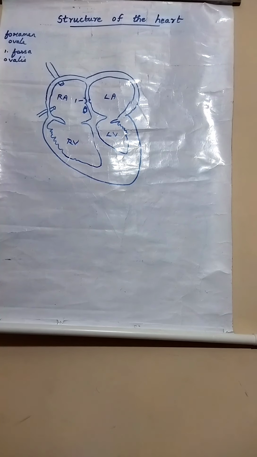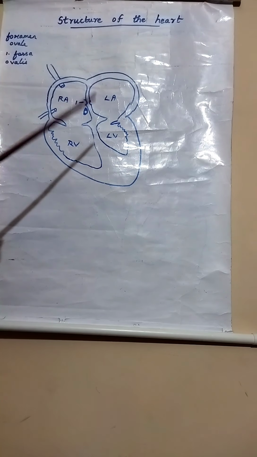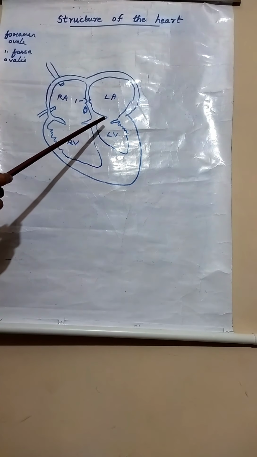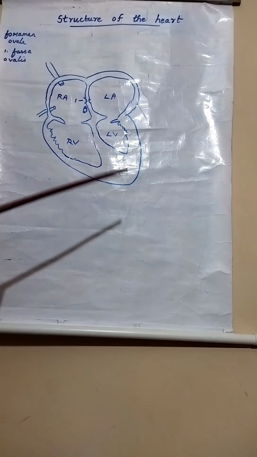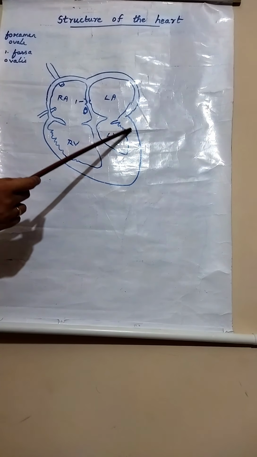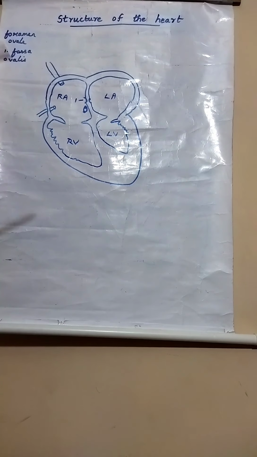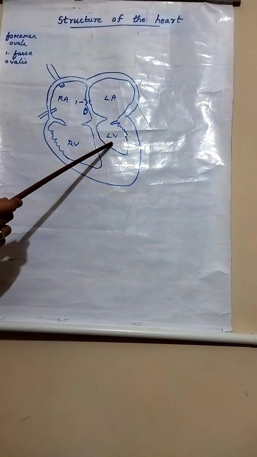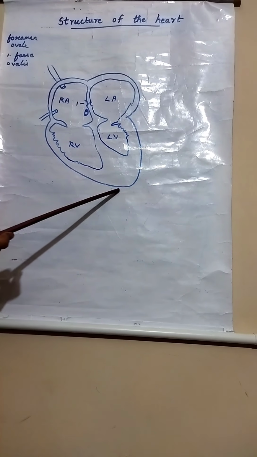We know that oxygenated blood to the entire body is supplied from the left ventricle. The aorta is going to take it to all parts of the body. So that is the reason why the wall of the left ventricle is much thicker. In order to denote that, I have drawn it this way.